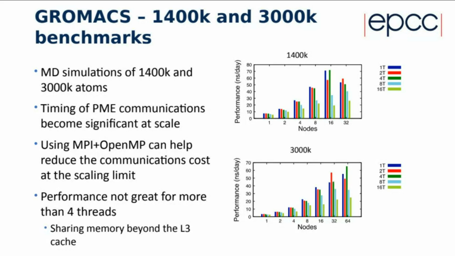I'm speaking about the 1.4 million particles. The 2 threads is more performant on 32, and the 4 thread is more performant on 16 nodes. From 3 million it's the other way around.